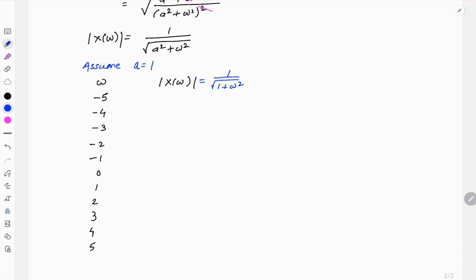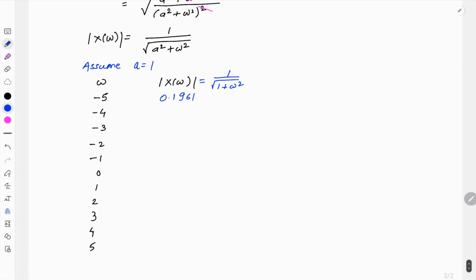So if we put the value of omega in this equation, so omega is -5, if we put those values, we get the value of X of omega at omega equal to -5 as 0.1961.